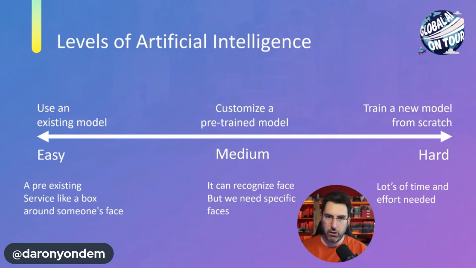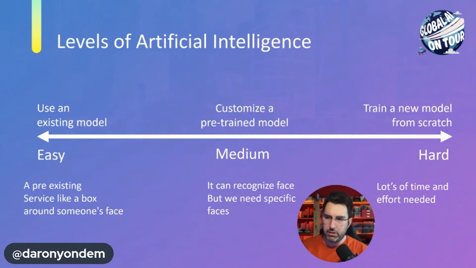And then if you go one notch down, there are customizable pre-trained models. One good example for that from Azure is the Cognitive Services Custom Vision API. It's not the exact name of the service, I just can't remember it right now.